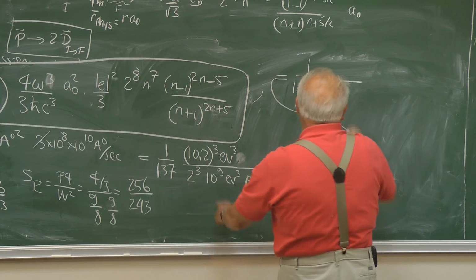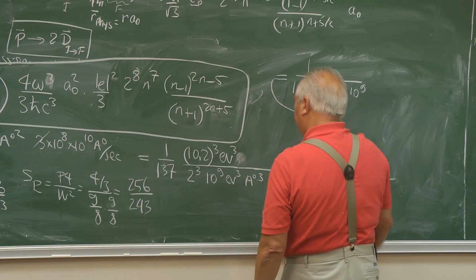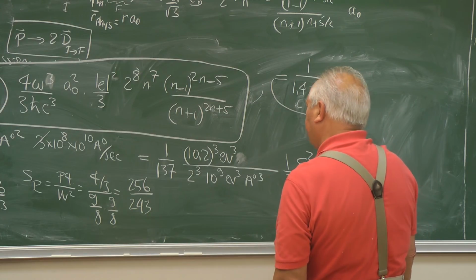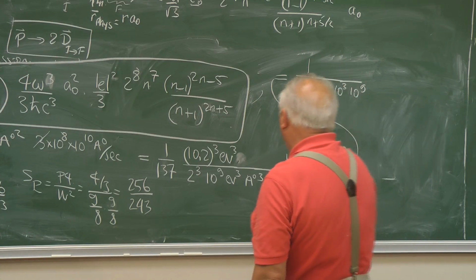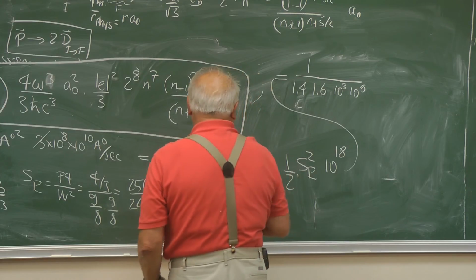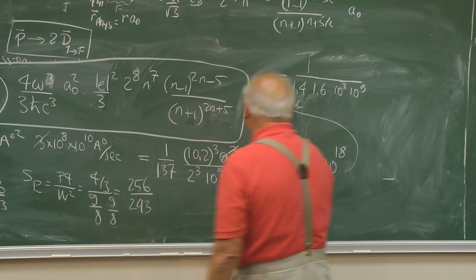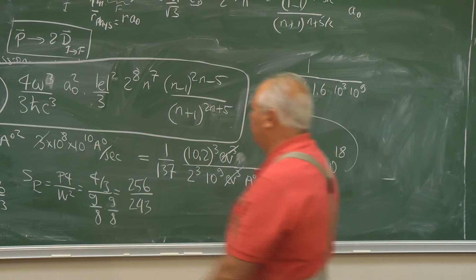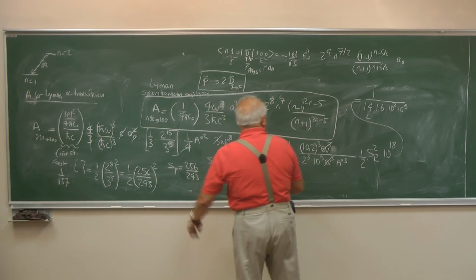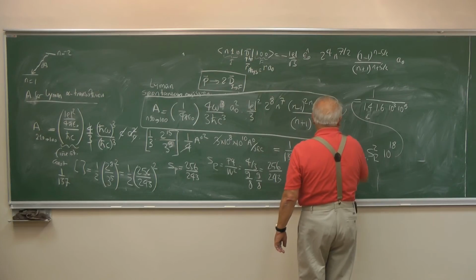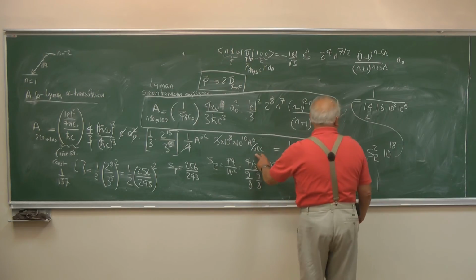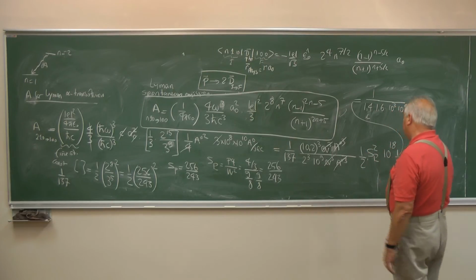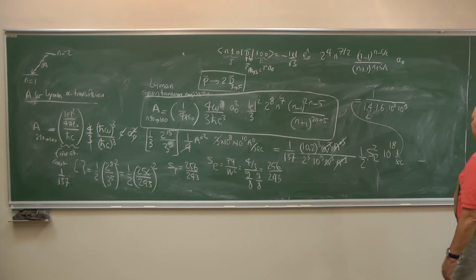And then 10 to the 9. Electron volt cubes cancelled. I had angstrom cubed here, so they cancel. So I only have 1 over second as the proper unit of the transition rate.